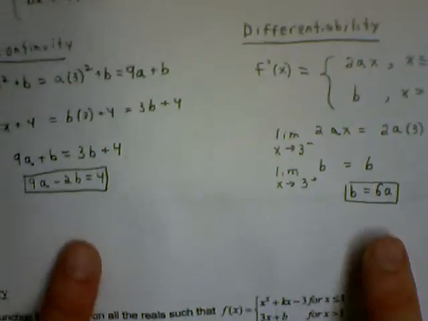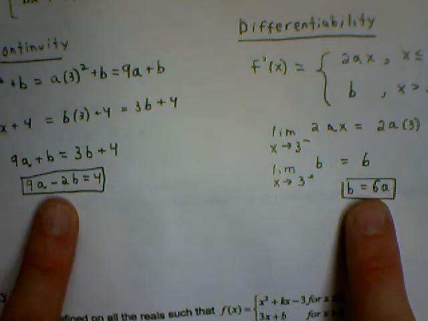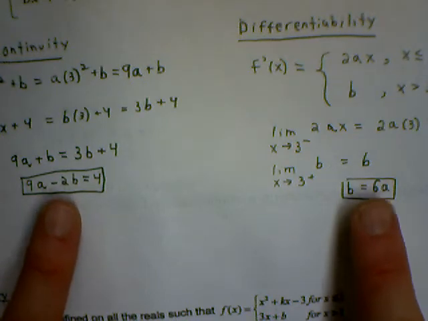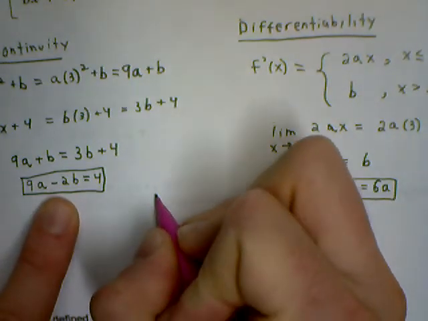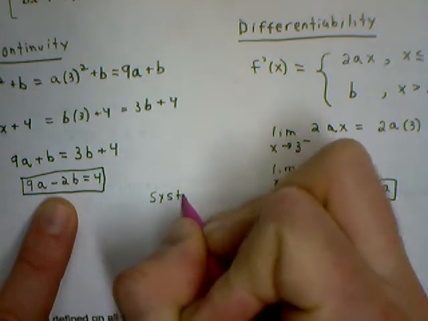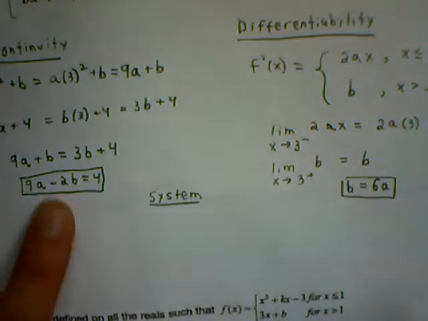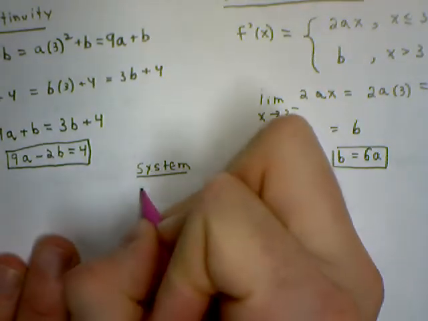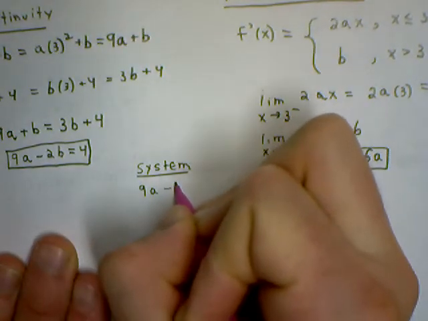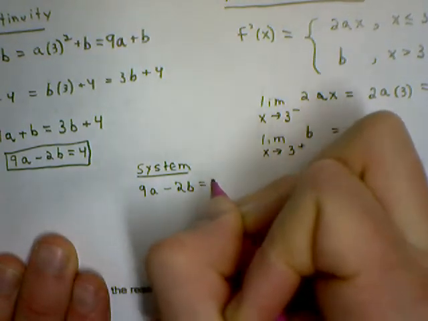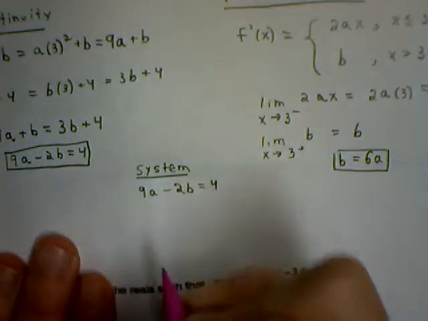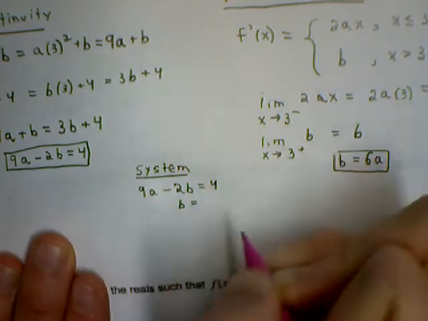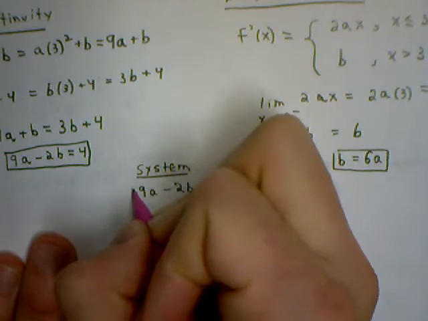Now, I see I have two equations, two unknowns. I can create a system of equations. So I have 9a minus 2b equals 4, and b equals 6a.